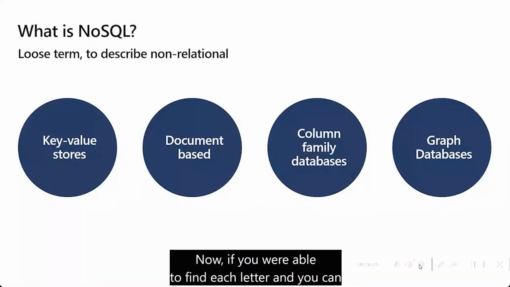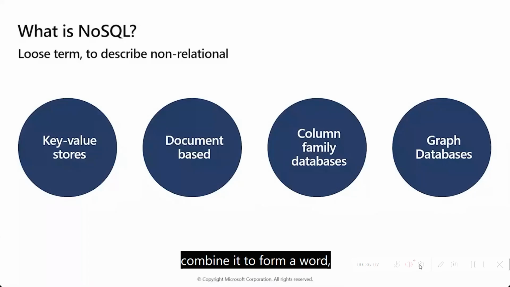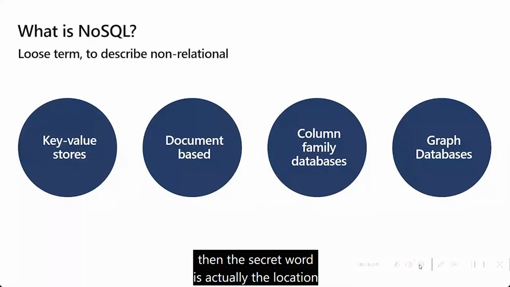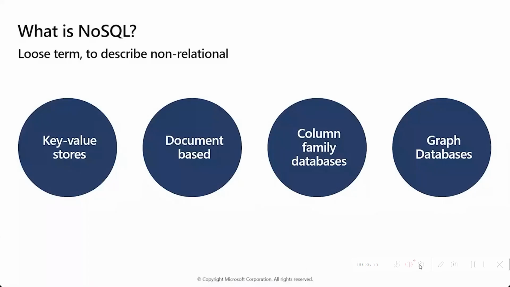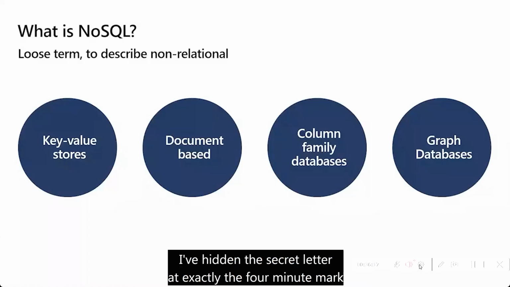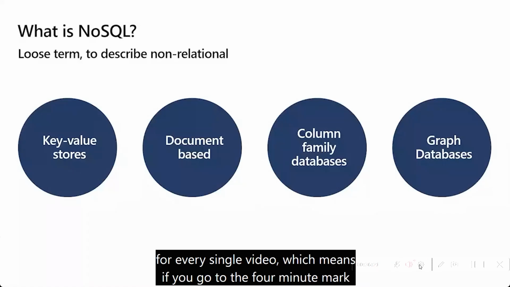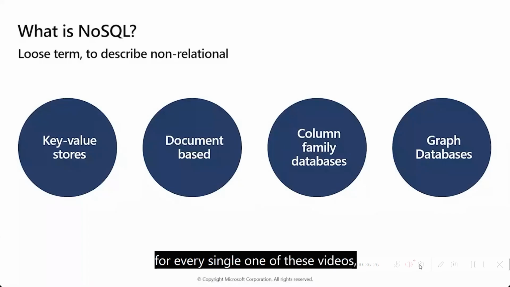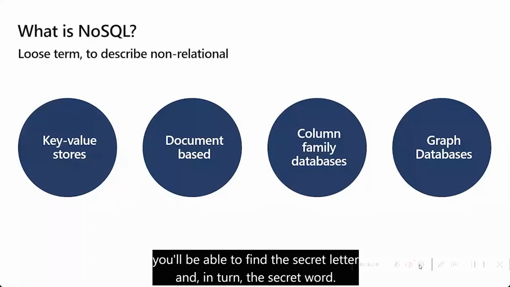If you were able to find each letter and combine them to form a word, then the secret word is the location of the prize for the treasure hunt. After watching a couple of these videos, you notice that I've hidden the secret letter at exactly the 4-minute mark for every single video, which means if you go to the 4-minute mark for every one of these videos, you'll be able to find the secret letter and, in turn, the secret word.